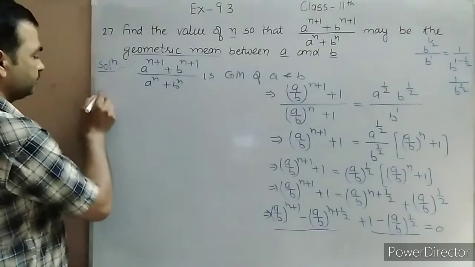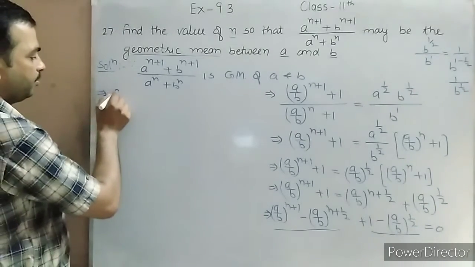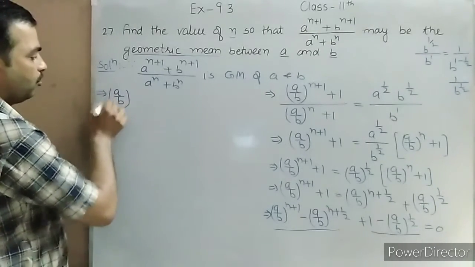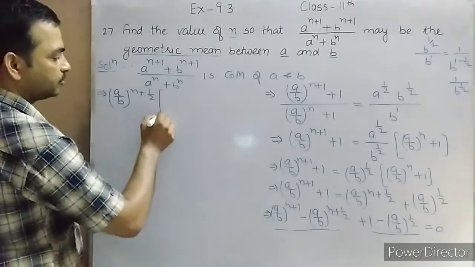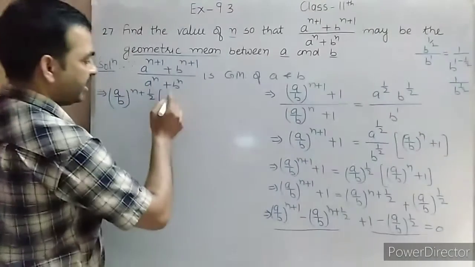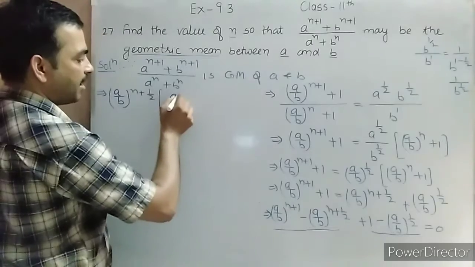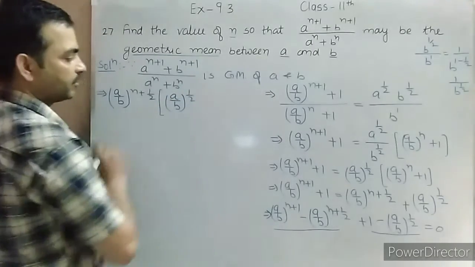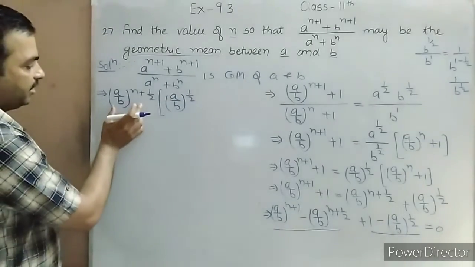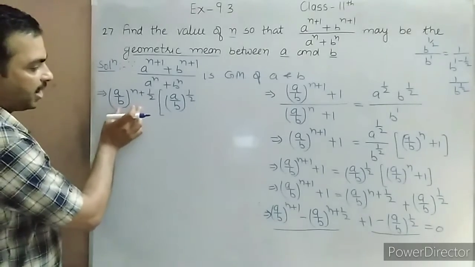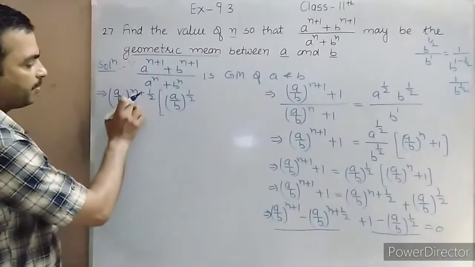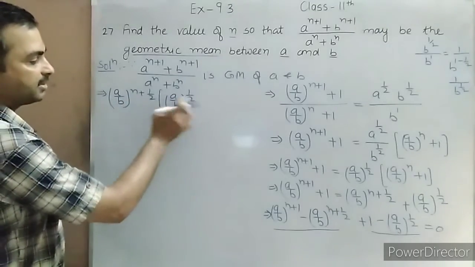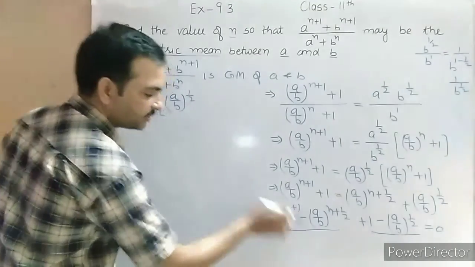So I can take (a/b)^(n+1/2) common outside. So here we get (a/b)^(1/2). You can see here, if I multiply this term again by (a/b)^(1/2), then we get (a/b)^(n+1/2+1/2), which is (a/b)^(n+1). So again we get this term.